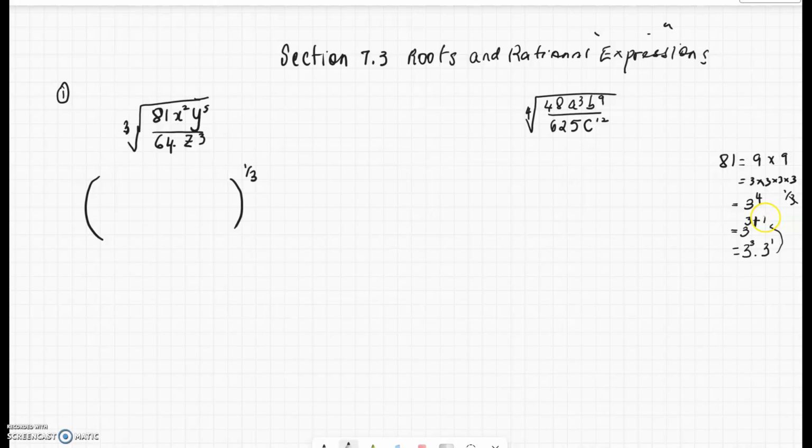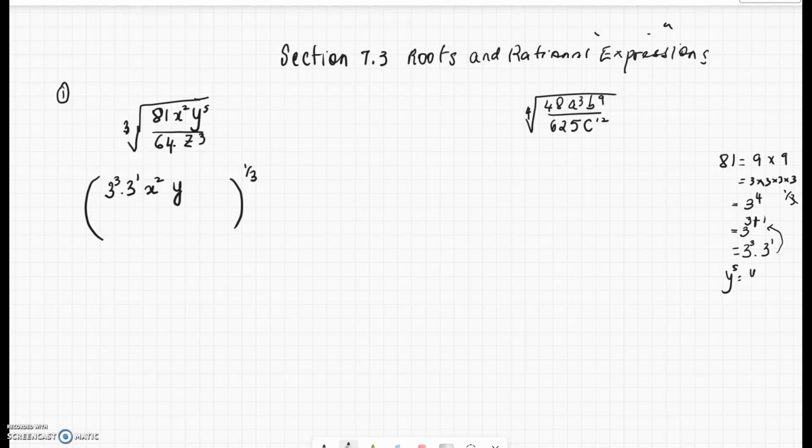If you go backwards, you'll understand how that works. So this is 3 cubed times 3 to the 1. And then we have x squared y to the 5th, which can again be written as y to the 5th.